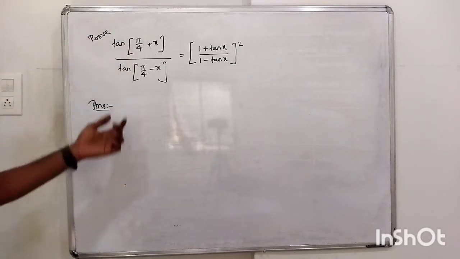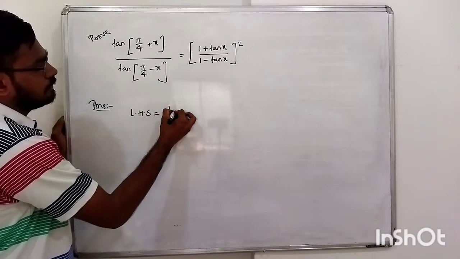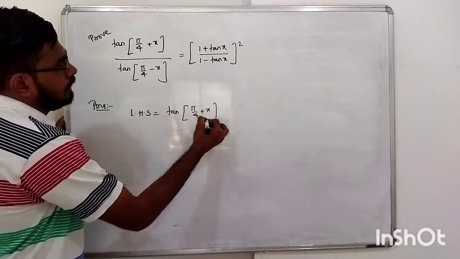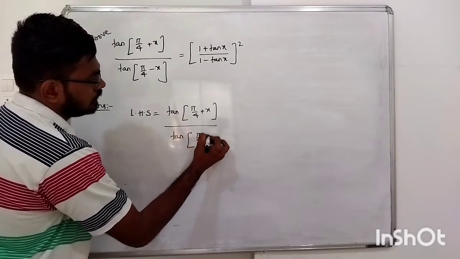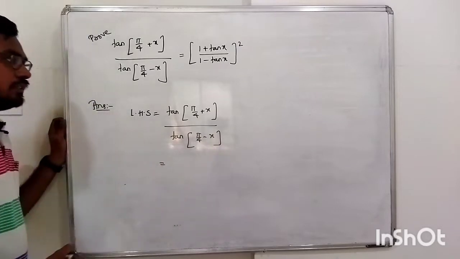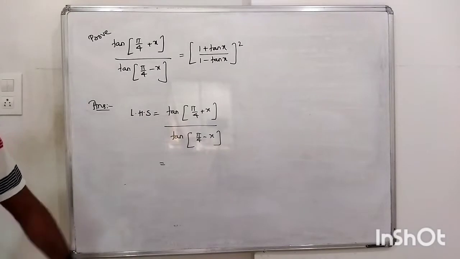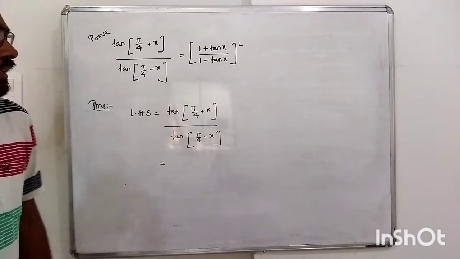Again you can take LHS, tan of (pi by 4 plus x), which is tan of (45 degrees plus x), since pi is 180 degrees and 180 upon 4 is 45, correct, in degrees.